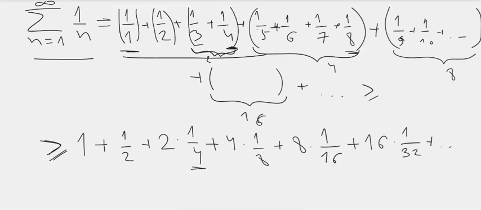And notice now that we can write that this is equal to 1 plus, and just for consistency in this term we can write 1 multiplied by 1 over 2. So the second term is equal to 1 over 2.